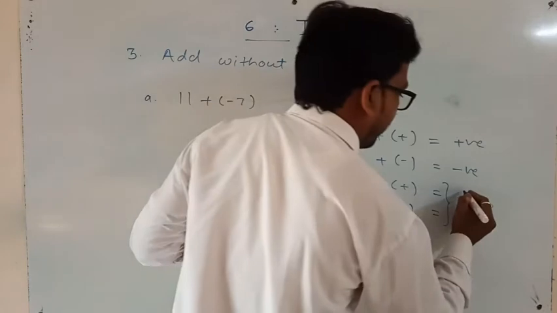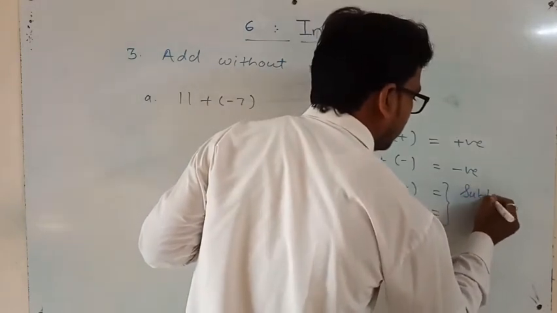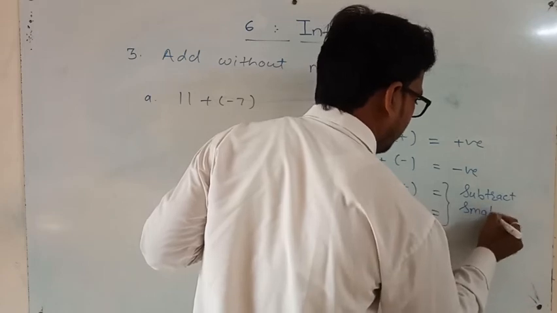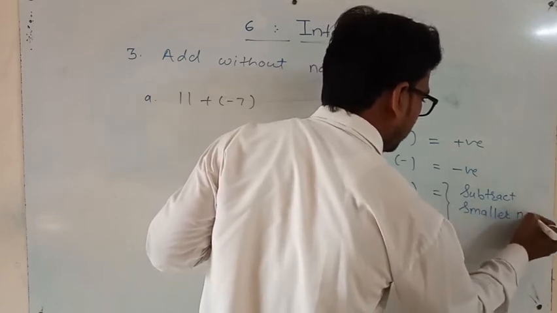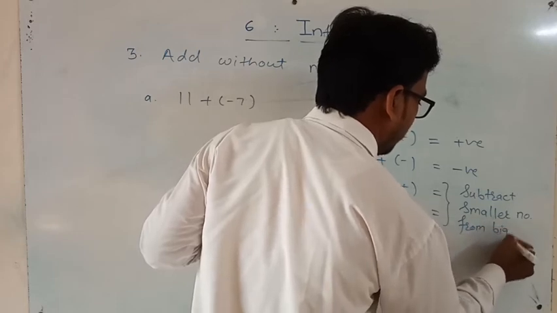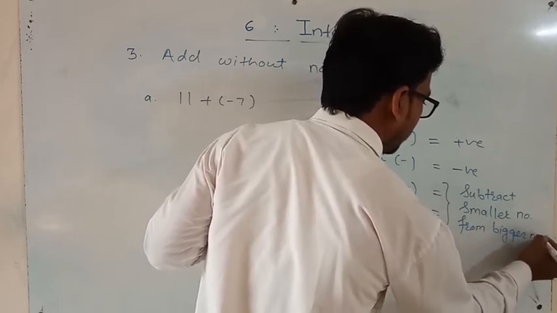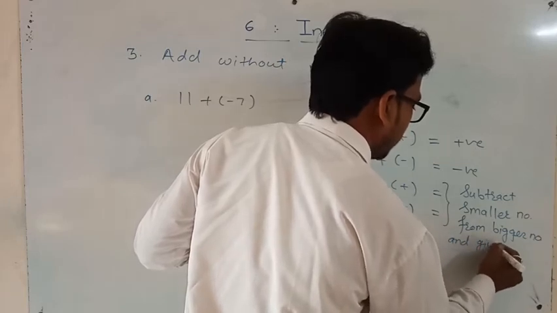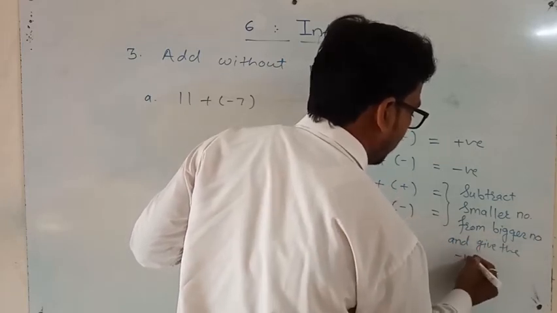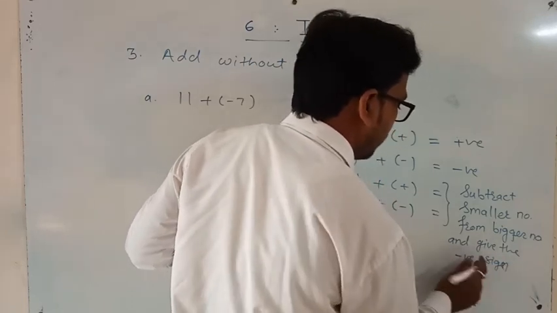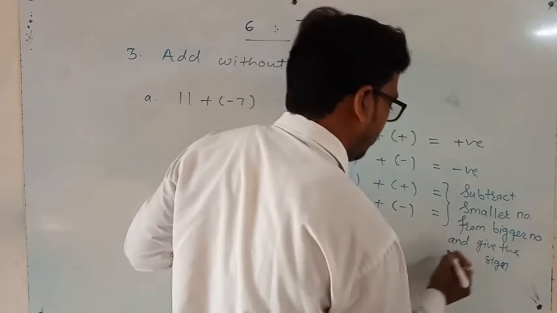We have to subtract the smaller number from the bigger number and give the bigger number's sign.